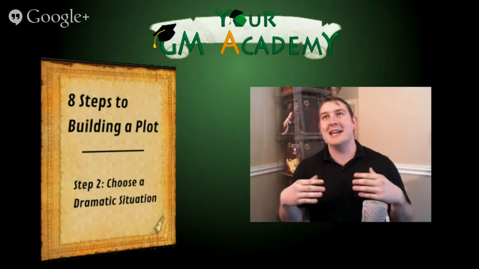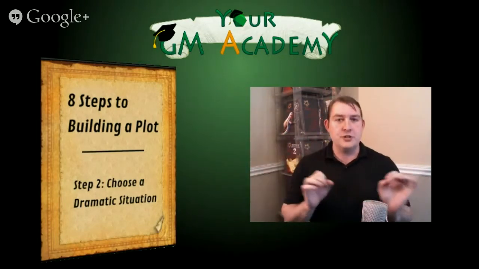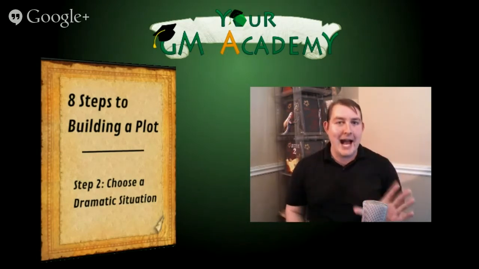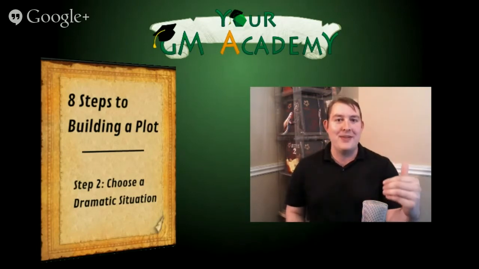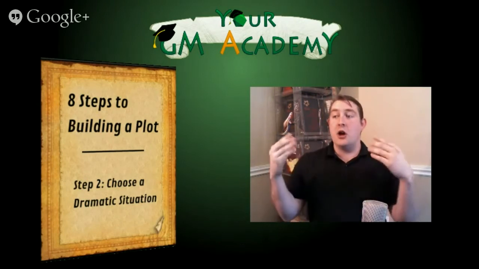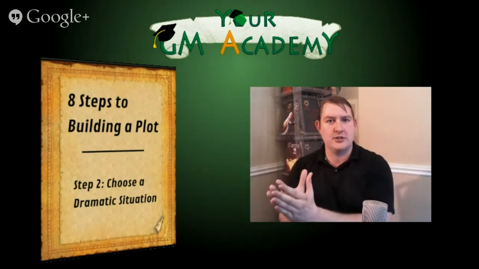Now, that is an ongoing literary debate in and of itself, but Georges Polti's 36 dramatic situations are a fantastic starting point for you as a DM to go through and pick out one that interests you. You have a look, and you go, okay, kidnapping, that's my dramatic situation.